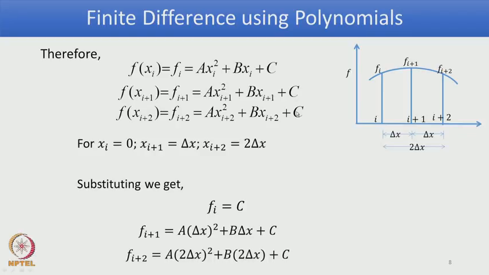Similarly for the third equation, x at I plus 2 is replaced with 2 times delta x, so it is a times 2 delta x squared plus b times 2 delta x plus c. If you solve, you already have the value for c as f of I, which you can substitute. Then the remaining 2 coefficients a and b are evaluated by suitable arithmetic operations between these 2 equations.